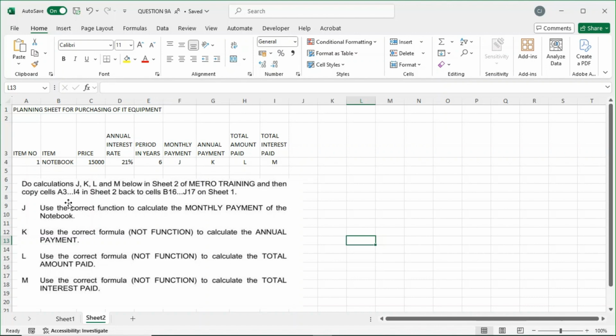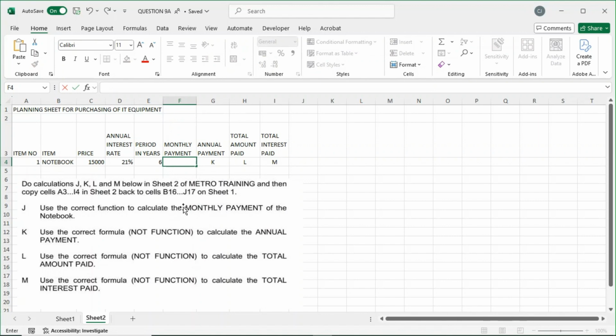Copy the information in C2 back to C1, so that you will do afterwards. They say use the correct function to calculate the monthly payments of the notebook.